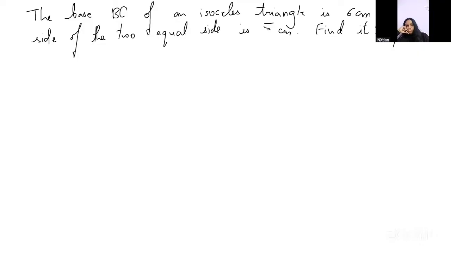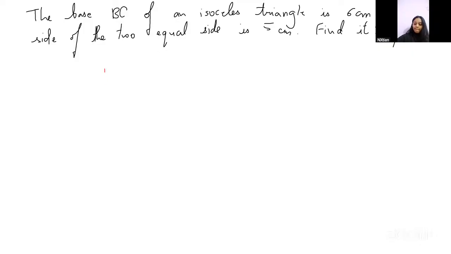Done, ma'am. Ma'am, I can't hear you. What is the answer? 16 centimeters. 16 centimeter is correct. Perimeter is the sum of all sides.